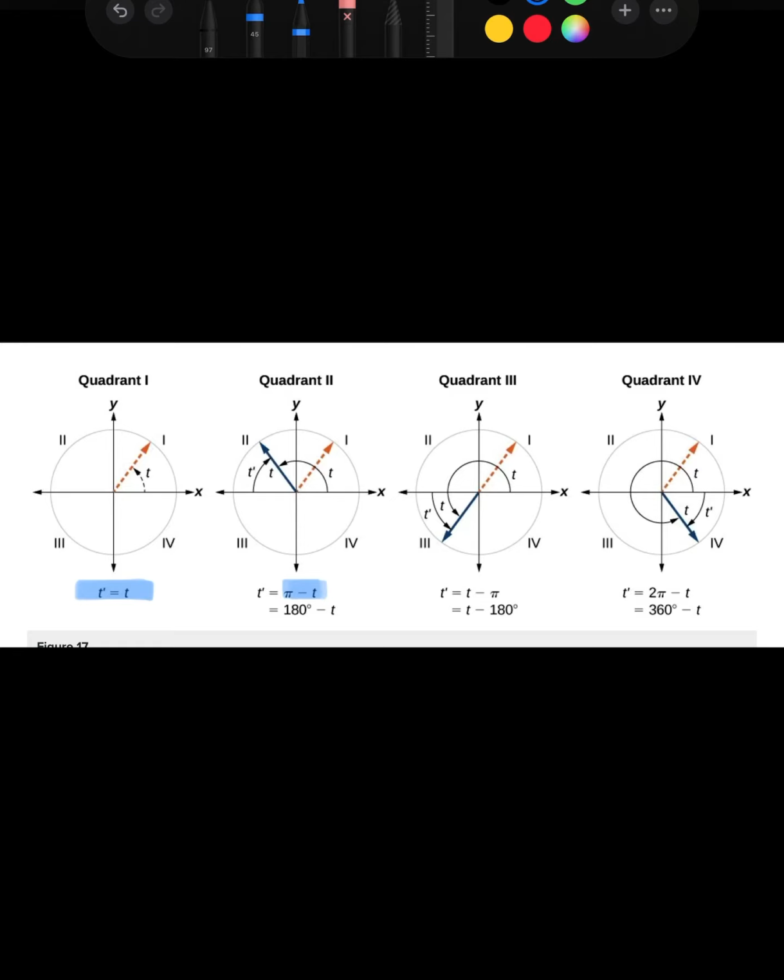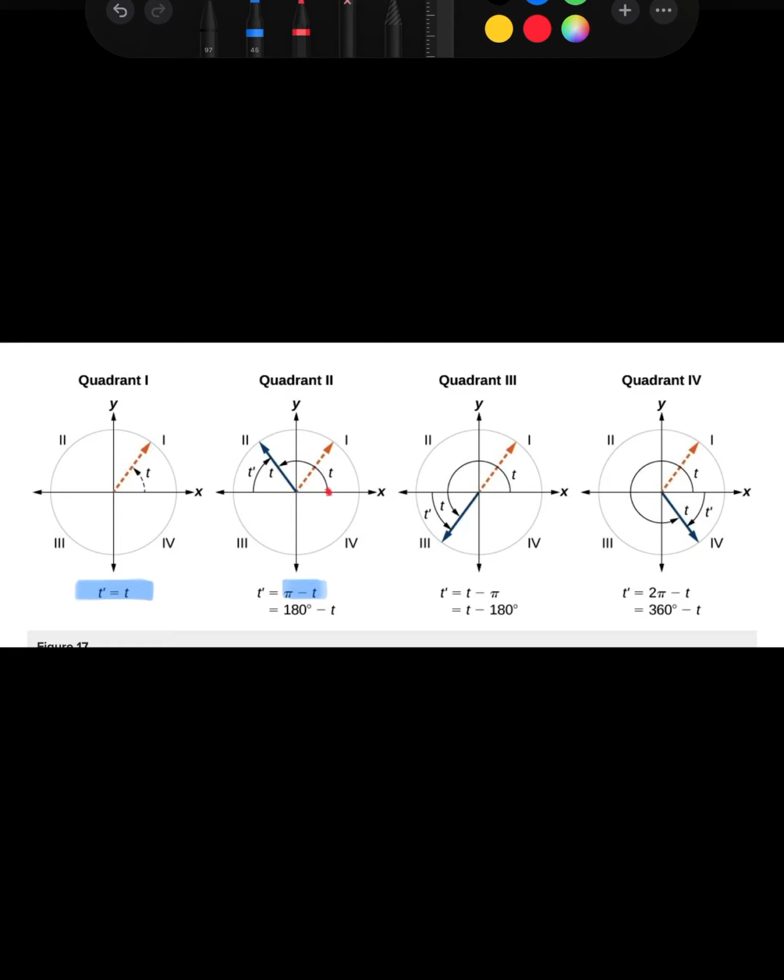What I'm doing is I take the full distance of pi, and then I subtract, I'll do it in red, the angle t. When I subtract the red from the blue, what I'm left with is that slice of pizza pie we were talking about, that reference angle size.